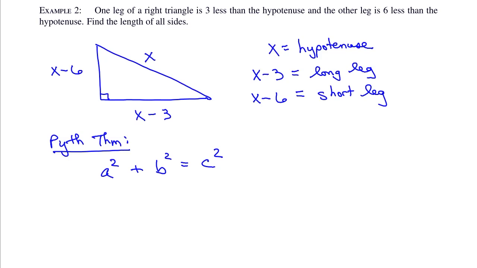I'm going to substitute the values for our sides into the Pythagorean theorem. So we're going to have x minus 6 squared plus x minus 3 squared is equal to x squared.